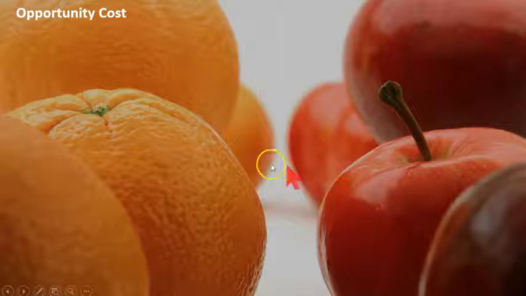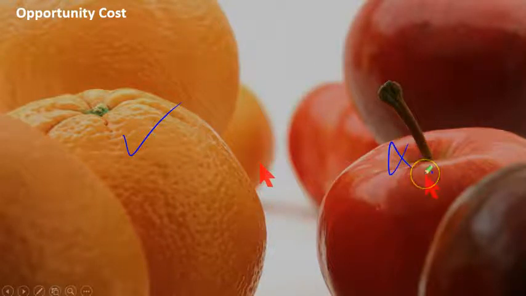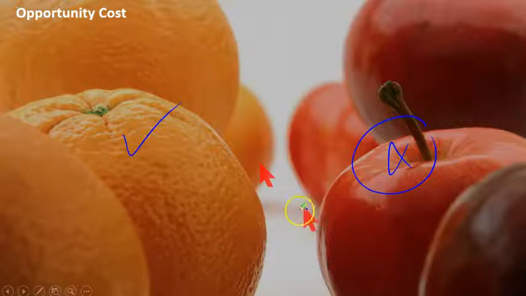So when an option is chosen, for example, I select oranges, I am now foregoing the benefit of eating apples. This sacrifice, this loss of benefit, will be considered as a cost.